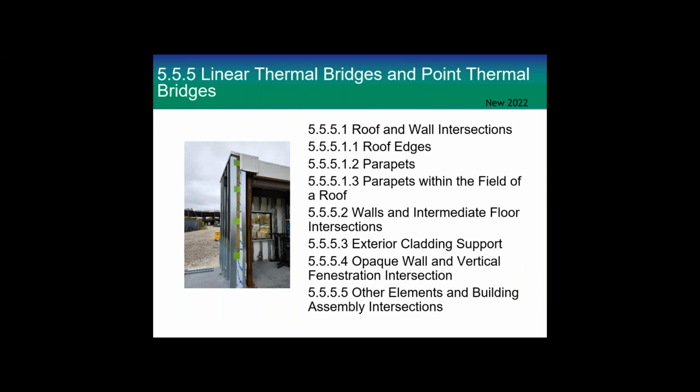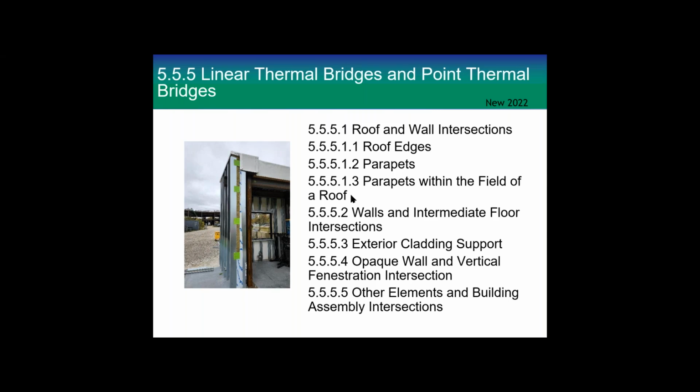Section 5.5 has listed several thermal bridges that are normal in buildings, and they have a different section for each one. Where roof and walls intersect each other, it's always been a problem. It has some sub-paragraphs under the one where we have the roof edges, and the parapets within the field of a roof.